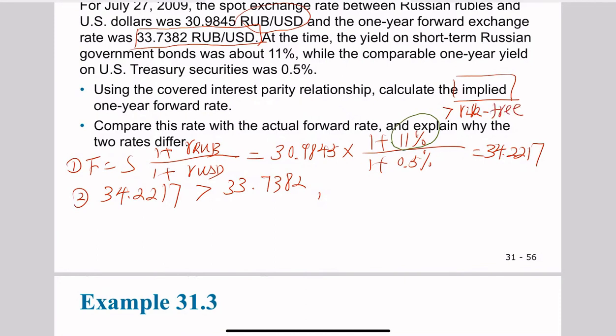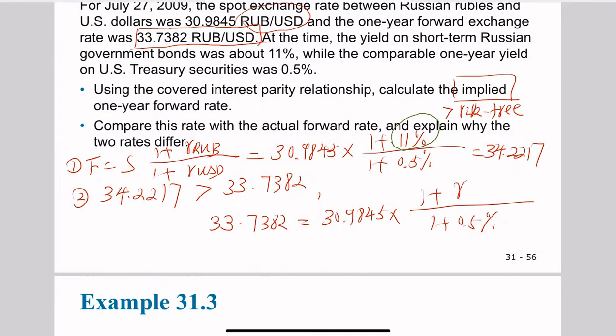And you can verify this. You can actually solve for Russia's risk-free rate using the covered interest parity. So what you would do is use the actual forward exchange rate, right? And then you will use the spot and the US rate and 1 plus the risk-free rate in Russia.